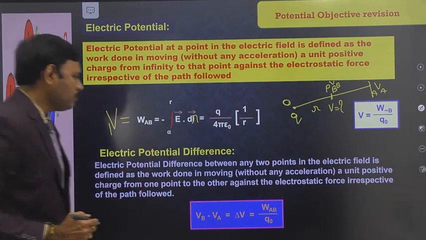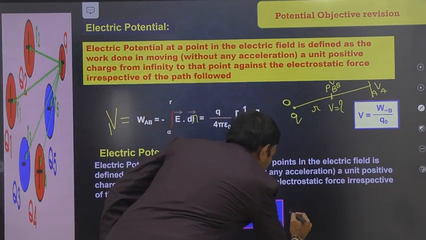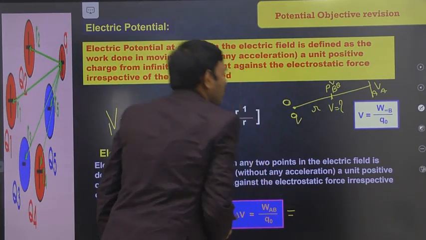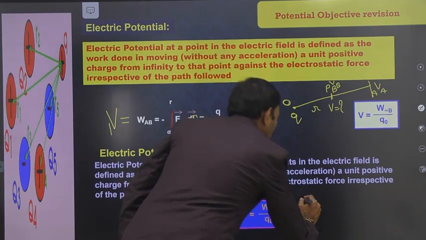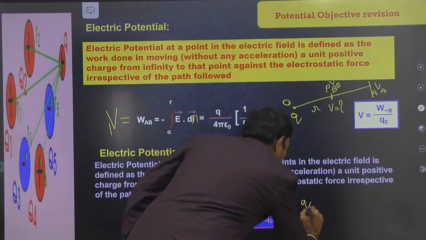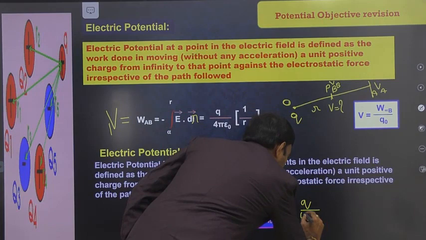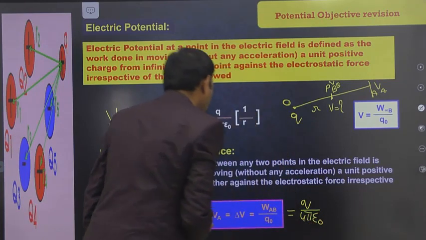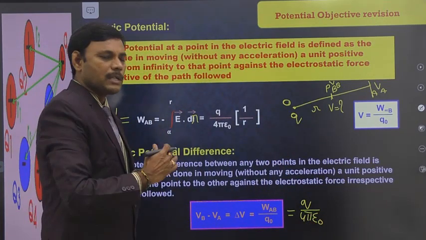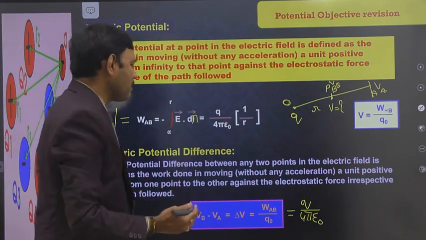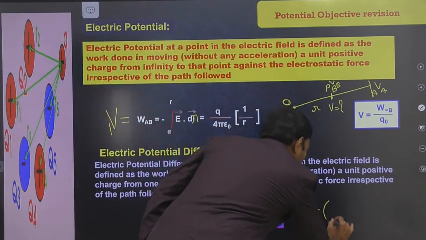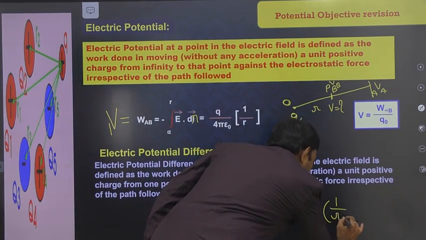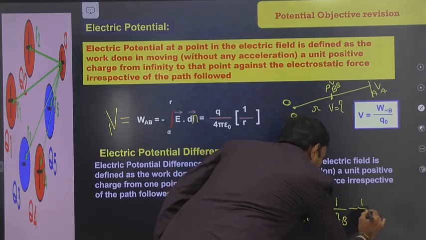In expression form, we write the potential difference between points A and B is equal to VB minus VA. Just subtract the VA potential from the VB potential: Q by 4 pi epsilon naught into 1 by RB minus 1 by RA.